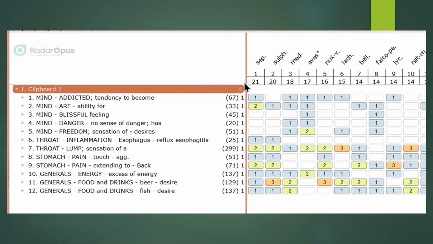There is something special because of the sepia, which is maybe the obvious remedy you would think about without repertorization. You had another number of choices, but you also see here Avis, the one you just mentioned, with a little asterisk. And the asterisk means this is a family. So your repertorization does not only contain remedies, but also a family.